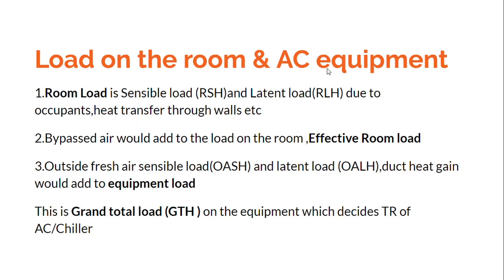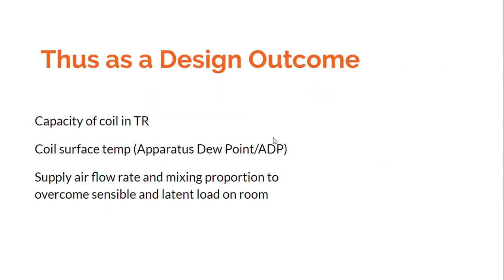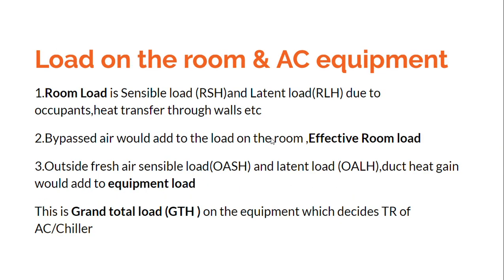So the load on the room and AC system would be the room load, that is the sensible load and latent load because of occupants, heat transfer through the walls, etc. Then there is a term called effective room load. This effective room load is basically an addition of some air which has escaped the AC equipment and entered into the room. We'll discuss this in detail again.